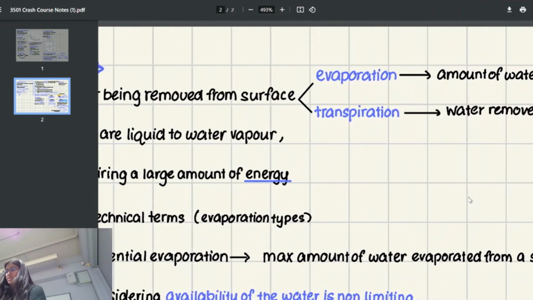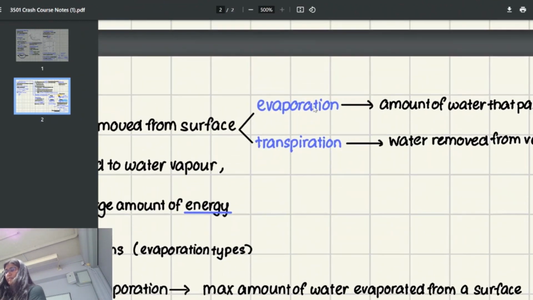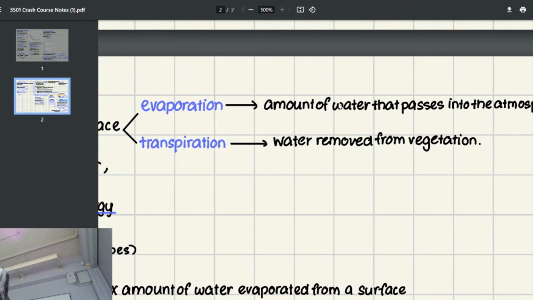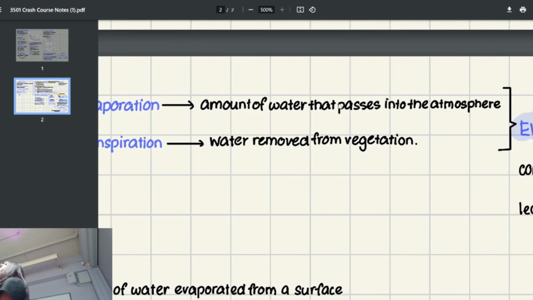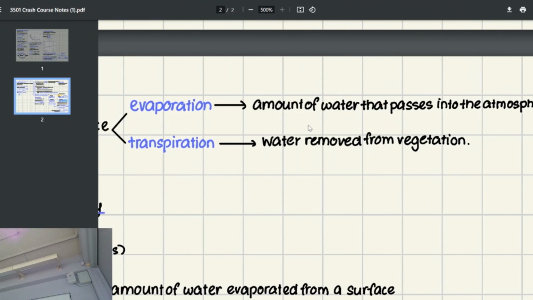So there are two types. One is evaporation, and the other, which I said I would mention before, is transpiration. Like I mentioned before, evaporation, the amount of water that passes into the atmosphere, has to be from a water body. And transpiration is when the water is removed from the vegetation, either just from the surface of the vegetation, or through the stomata of the internal plant system, and that's how the moisture can escape as well.